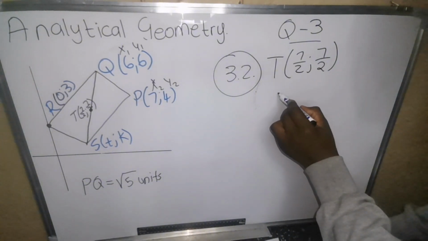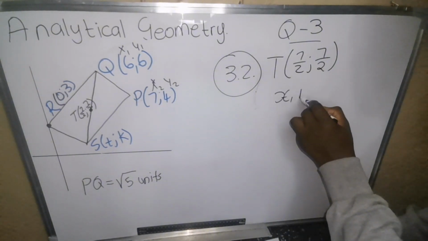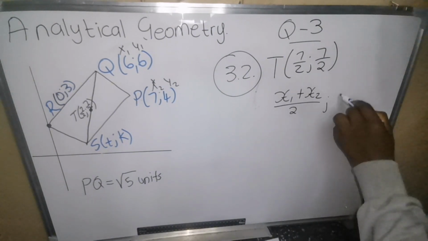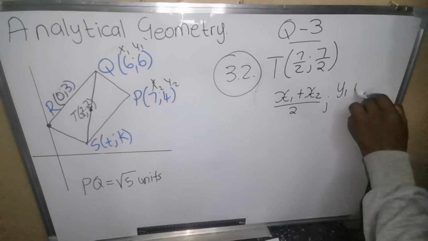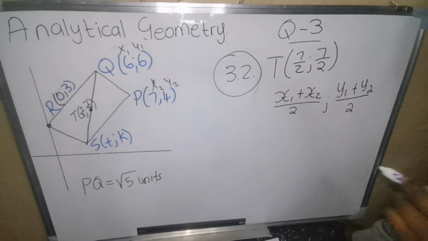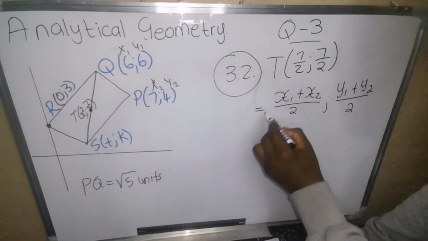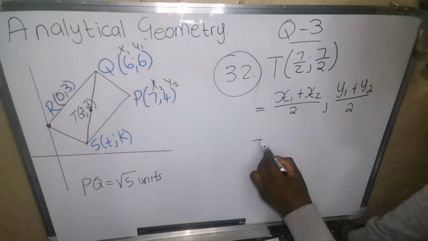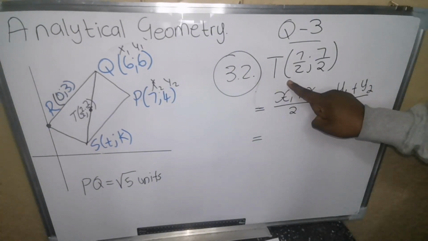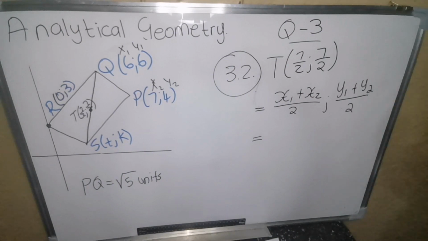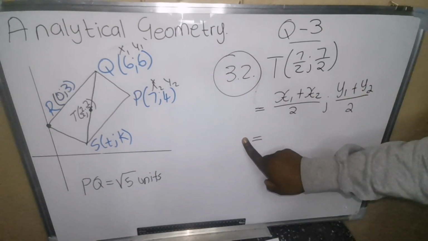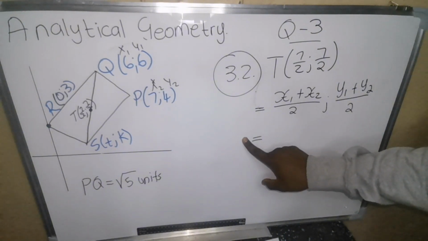We've got our midpoint formula: x1 plus x2 over 2 and y1 plus y2 over 2. If you are given the coordinates of a midpoint, it's going to be a different story. You must substitute them in front of the equal sign.